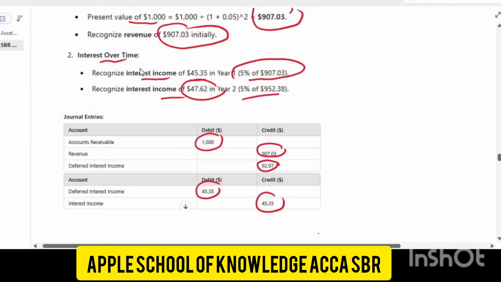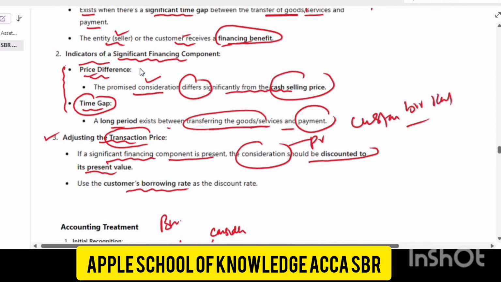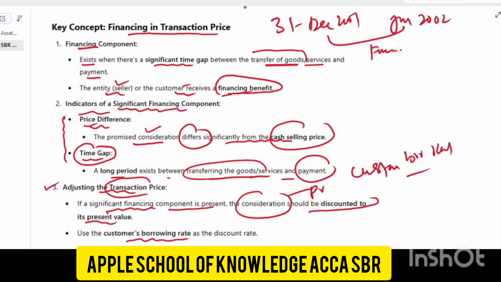Clear? So you will just do it in a very simple way. First you have to understand whether there is any financing component. If yes, then there are indicators. You have to follow the indicators, and then you will understand this financing component.